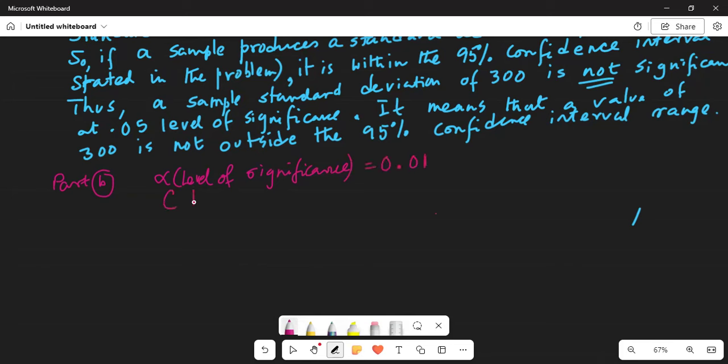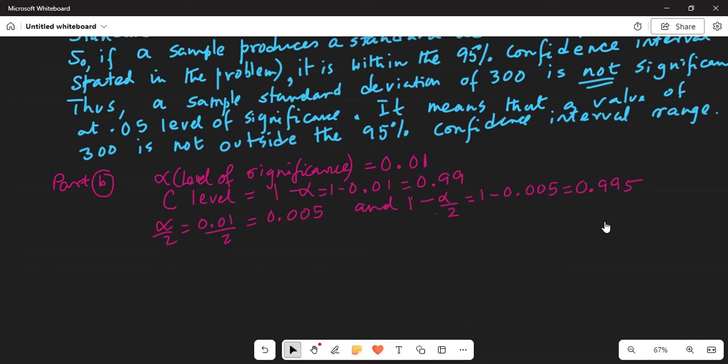So the confidence level is 1 minus alpha, 1 minus 0.01, is 0.99. Similar to before, alpha by 2 is 0.01 by 2, which is 0.005, and 1 minus alpha by 2 is 1 minus 0.005, which is 0.995.